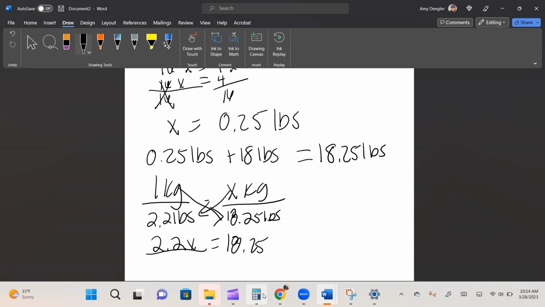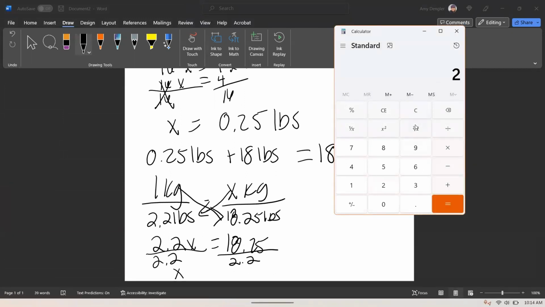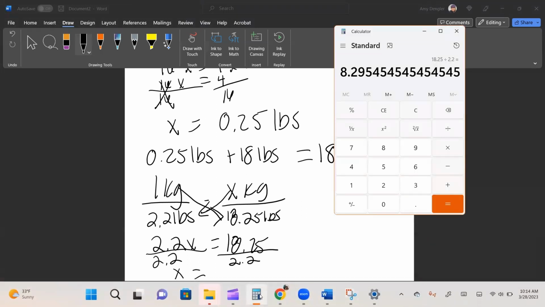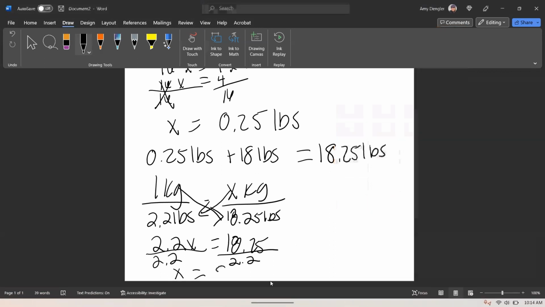We want to get x alone, so we have to divide each side by that 2.2. So 18.25 divided by 2.2 is going to give us 8.29, so 8.3 kilograms.